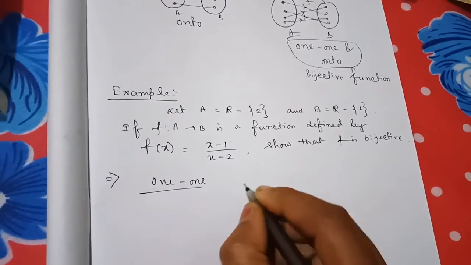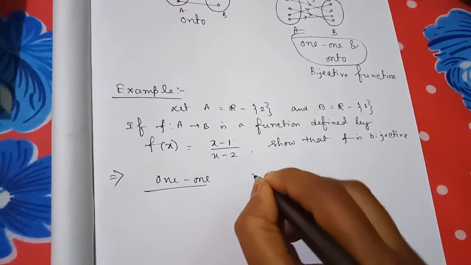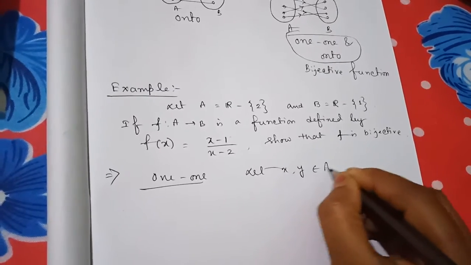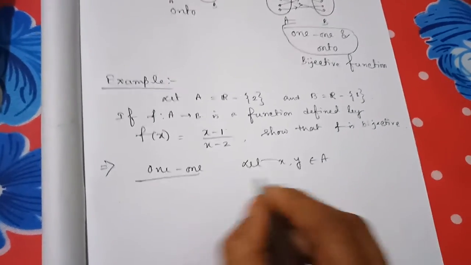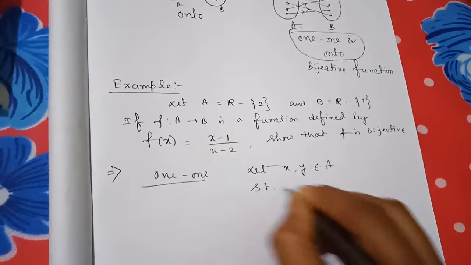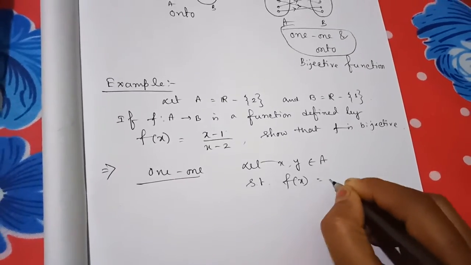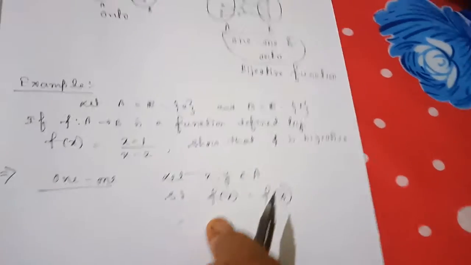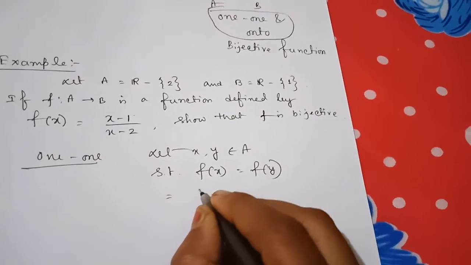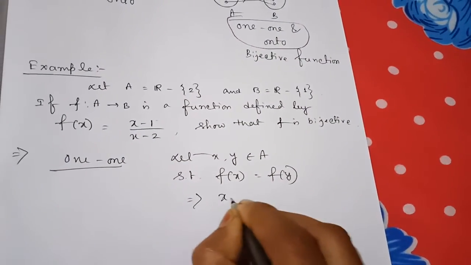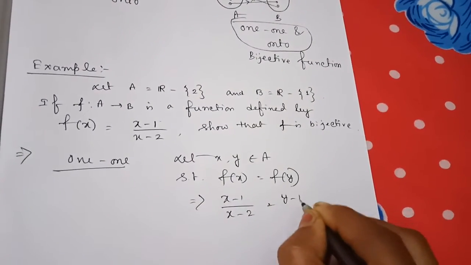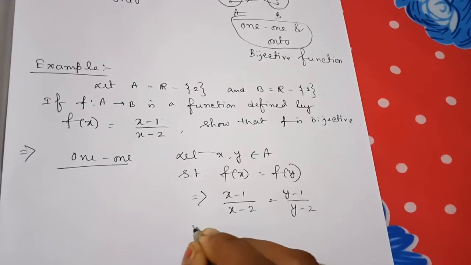Okay, for 1-1, what I told, you have to take x and y as two arbitrary elements from the domain set such that f(x) = f(y). We have to take this calculation and go further. From this, (x - 1)/(x - 2) = (y - 1)/(y - 2).